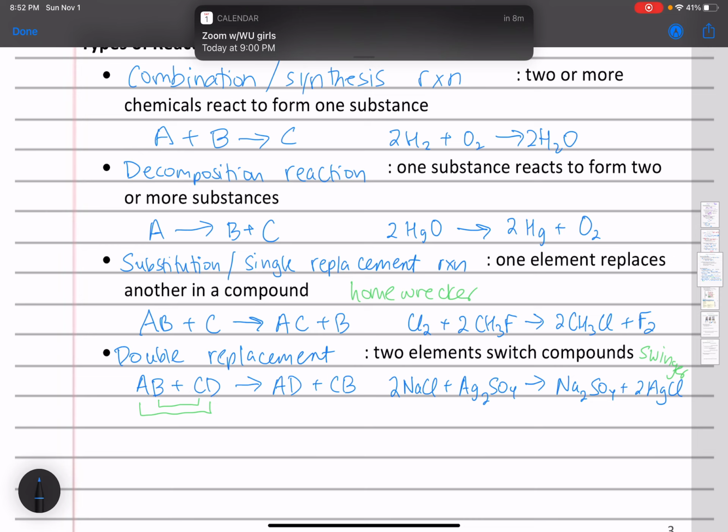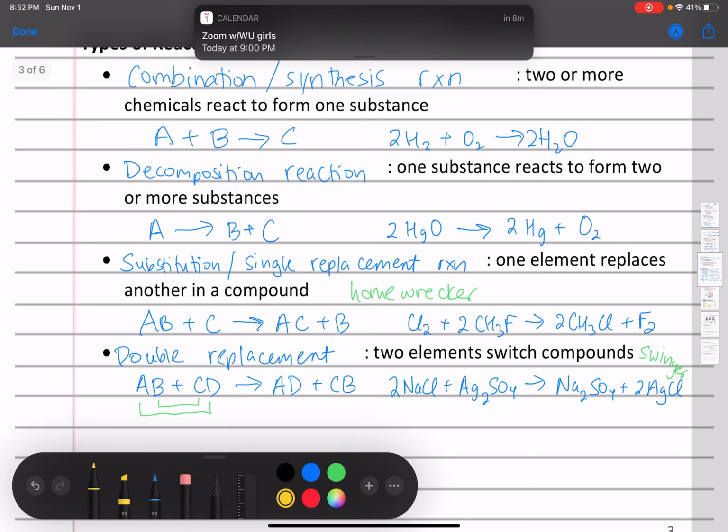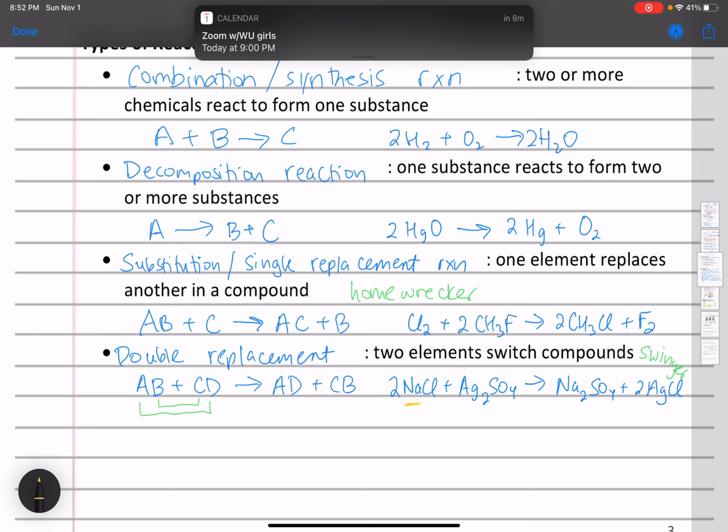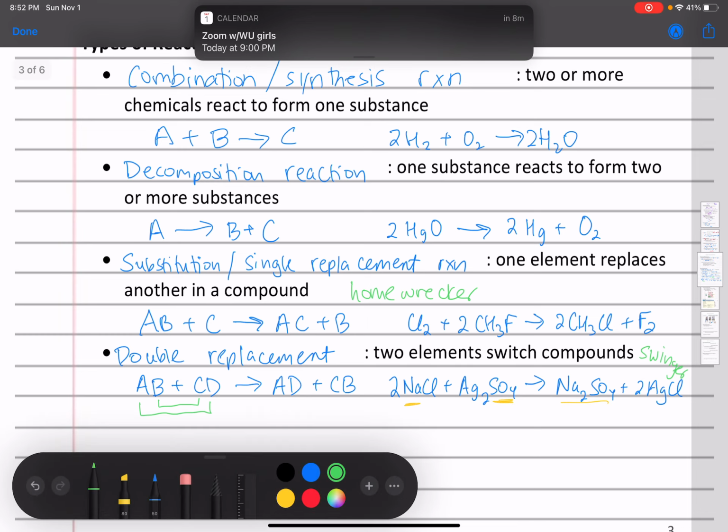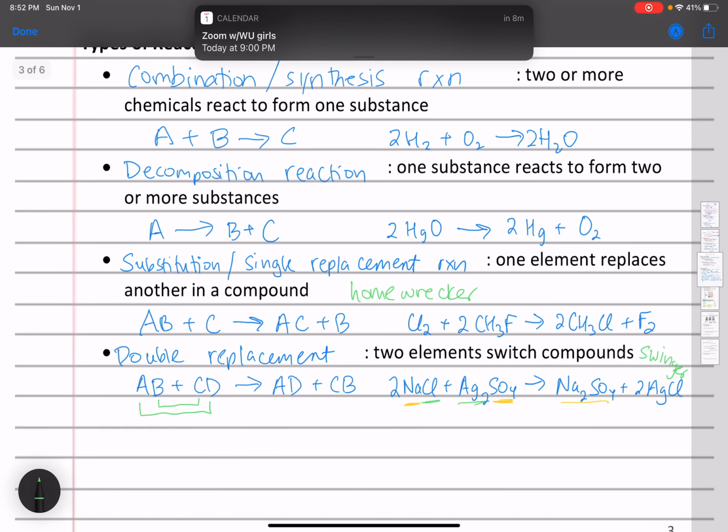All right, so in other words, the sodium and sulfate paired up, and the silver and chloride paired up. So they swapped partners. The cations and anions swapped partners.